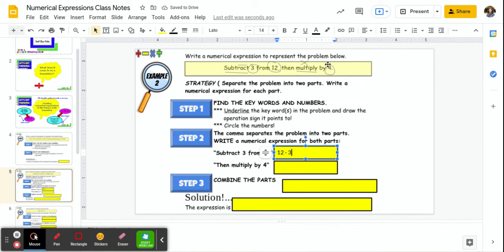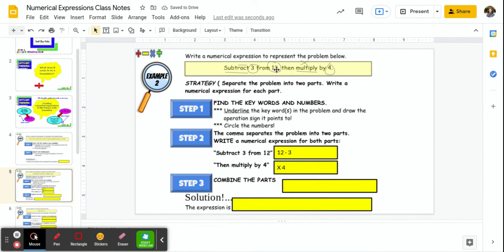Now I'm going to write a numerical expression for this part. Then multiply by 4. Well, here I'm going to multiply by 4. All right. I have paired those numbers and keywords for my first part and created this expression. I've paired my numbers and operations for my second part, and I've created this expression.